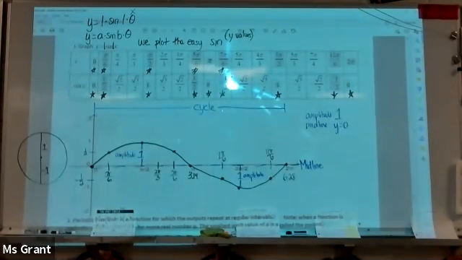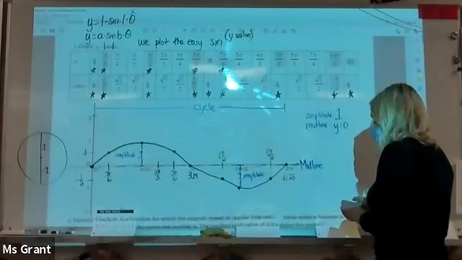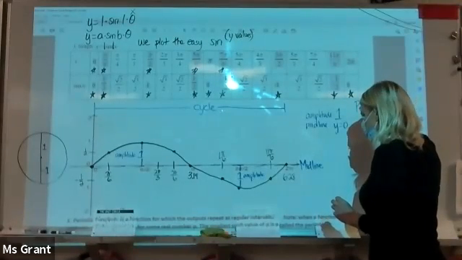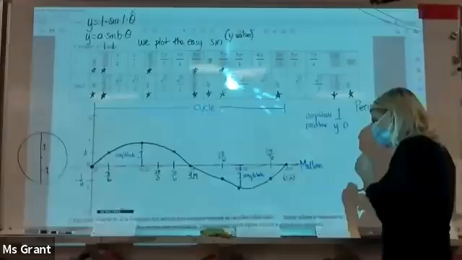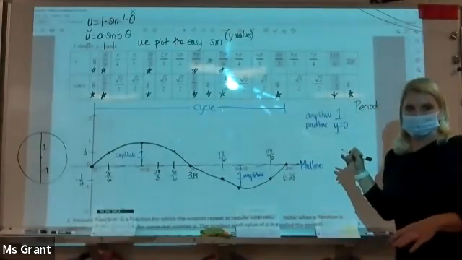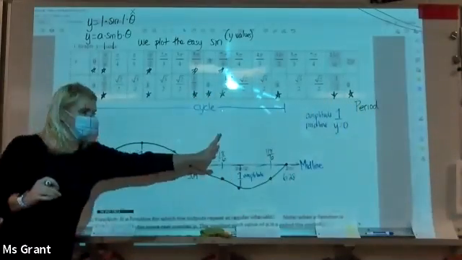Now, new word, frequency, or period. Let's do period first. The period means for me to go 1 rotation, how long is it? 1 cycle through 1 time.